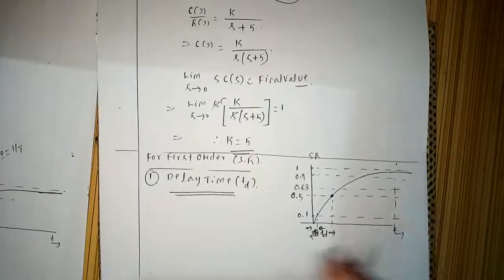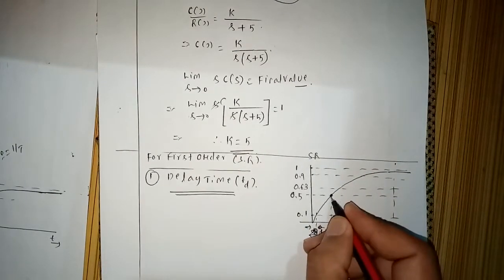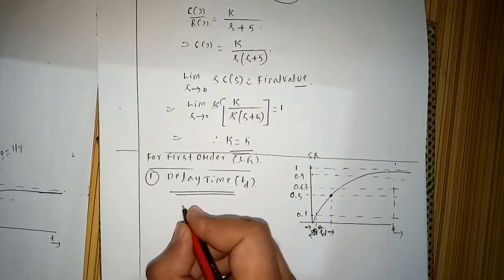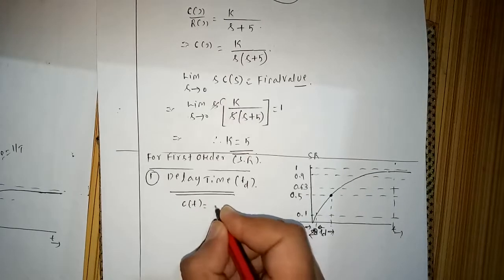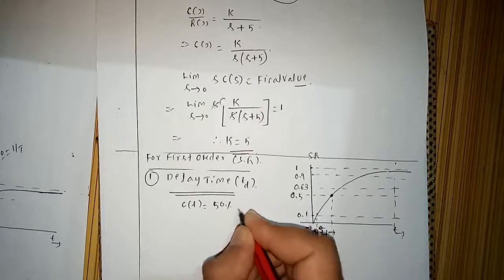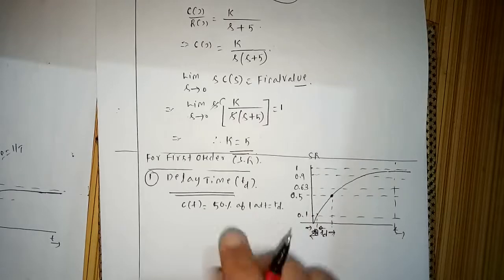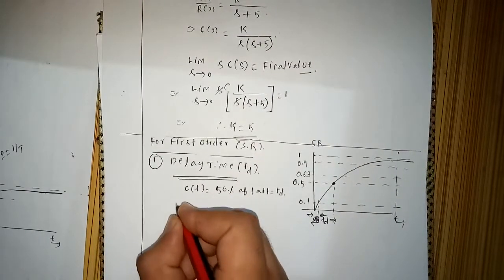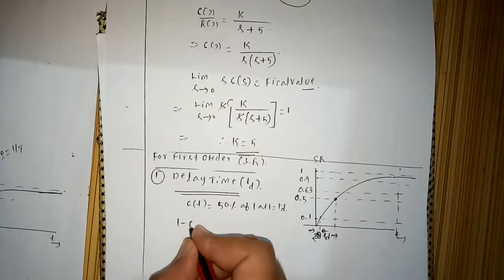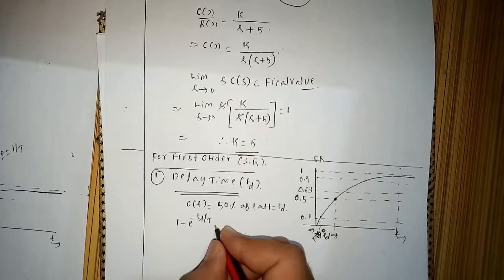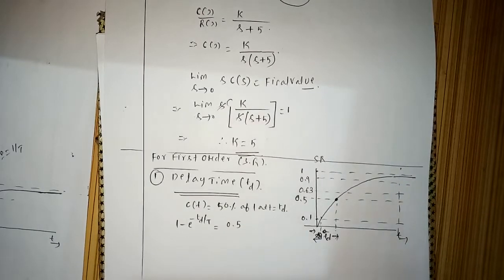That is 50%. So delay time is the time taken by the step response to reach 50% of its final value. So Ct is equal to 50% of 1 at t equal to td. So I can put Ct equal to 1 minus e to the power minus td by T equal to 0.5.